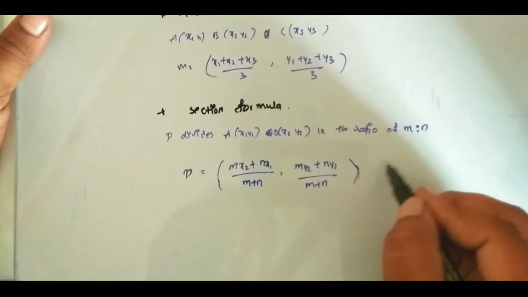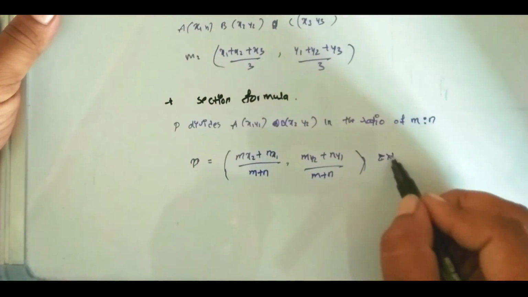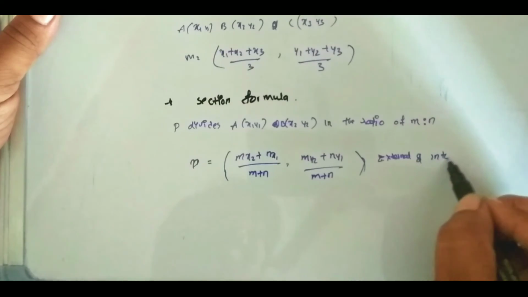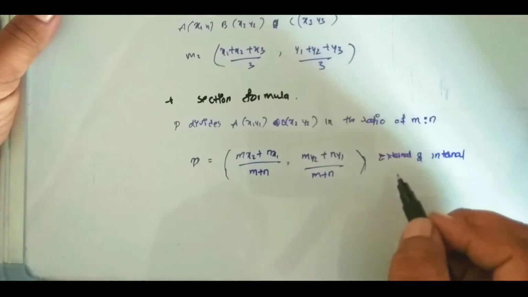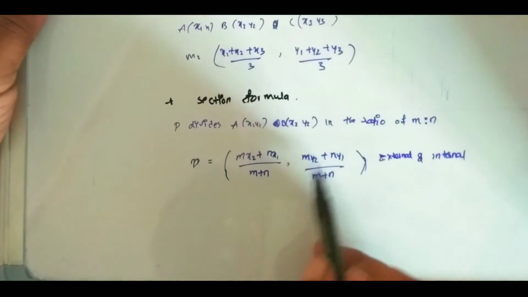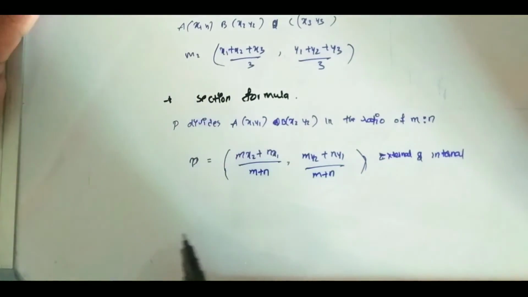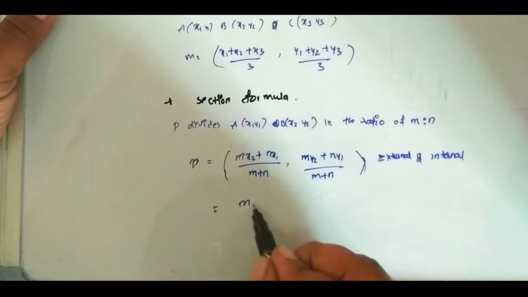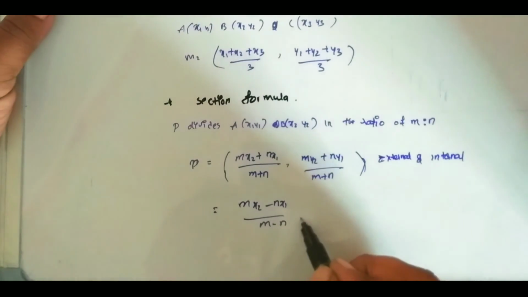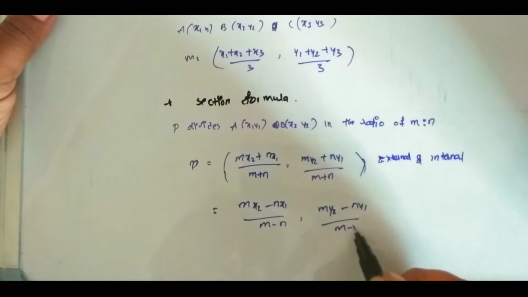This is for internal and external division. One is positive and one is negative. For external division, we get the minus symbol: mx2 minus nx1 by m minus n, my2 minus ny1 by m minus n.